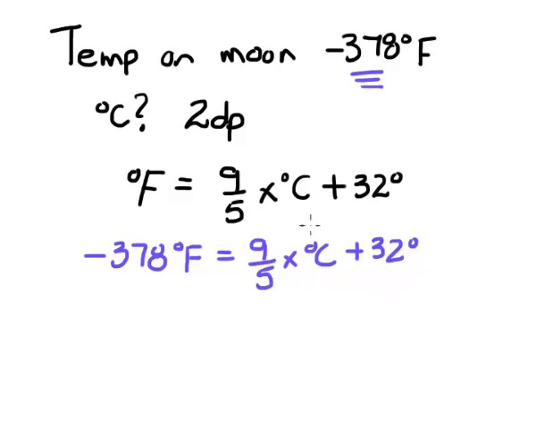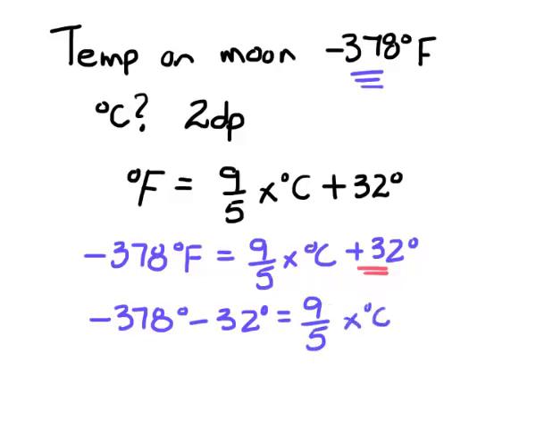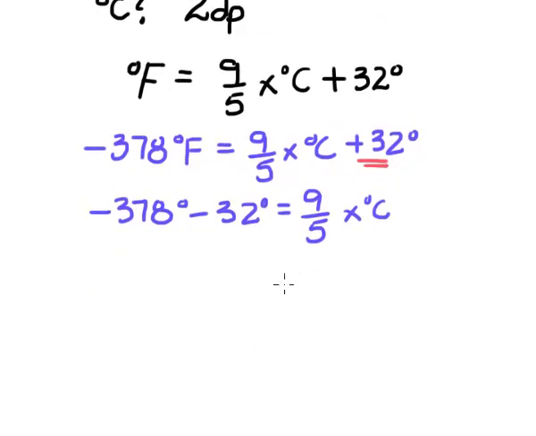The first thing we have to do is take this plus 32 onto the left-hand side, and to do that, we have to subtract 32 degrees. So on this side, you're going to get negative 378 minus 32 degrees, and that gives us 9/5 times our degrees Celsius. Simplifying the left-hand side, that is negative 410 degrees is 9/5 times our degrees Celsius.